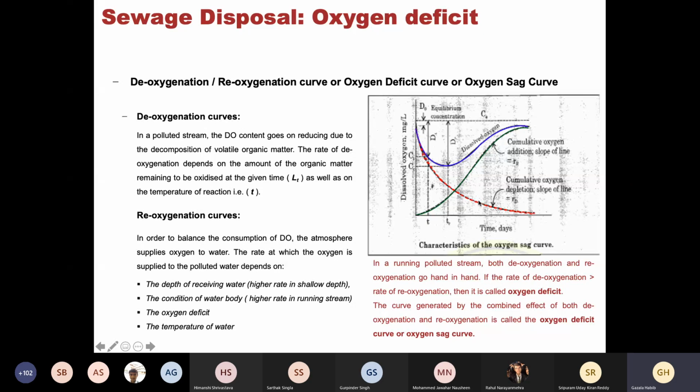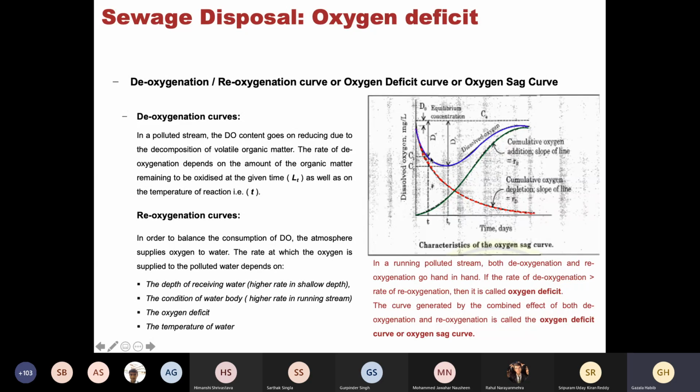It represents the deoxygenation rate of the river. And the S type curve, which is the green one, represents the reoxygenation rate of the river. So the net curve, the blue line, is known as the SAG curve, or oxygen deficit curve.